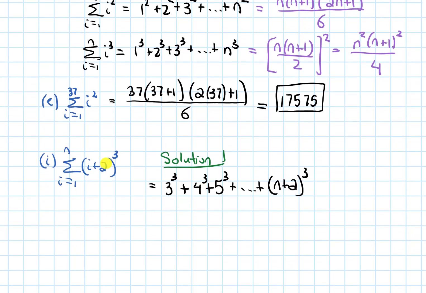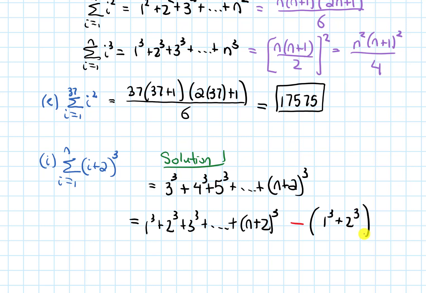So there's a way I can get around that. I could say, well, what if I were to add those terms back in and have 1 cubed plus 2 cubed plus 3 cubed plus dot dot dot plus (n plus 2) cubed. So what we had is this, but minus, it's missing the 1 cubed plus 2 cubed.